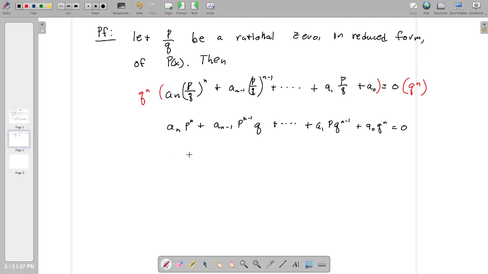So after we do that, we subtract over the a sub 0 q to the n. And after we've subtracted that over, every single term on the left has a p, so I'm going to factor that out in this step as well.